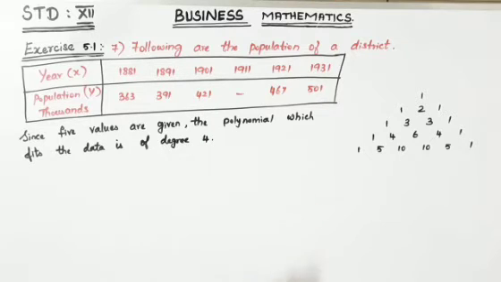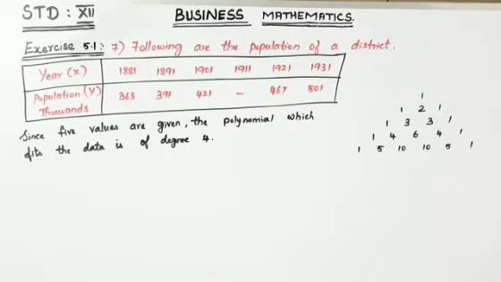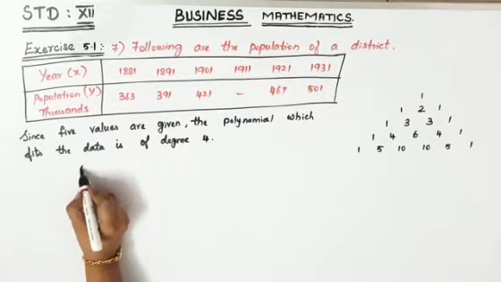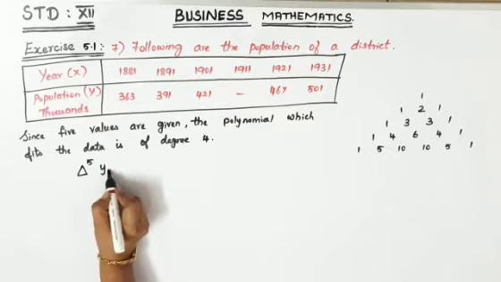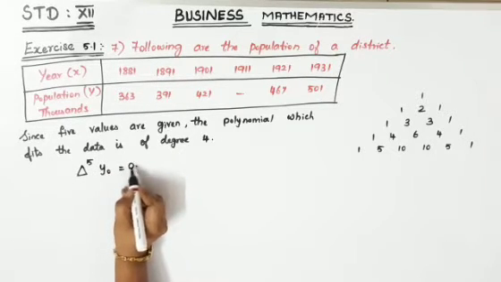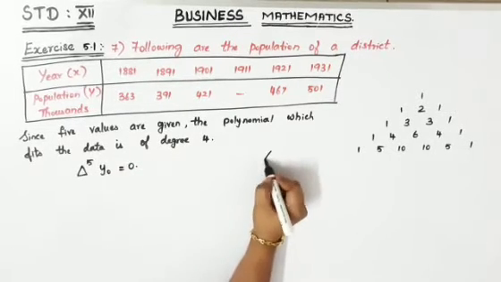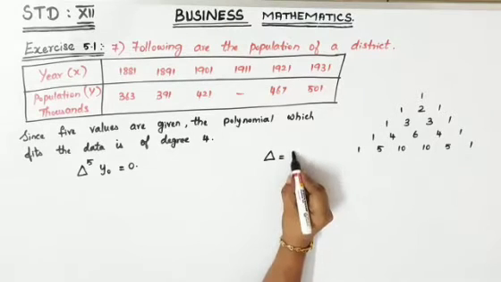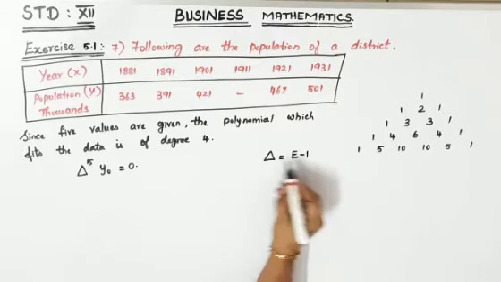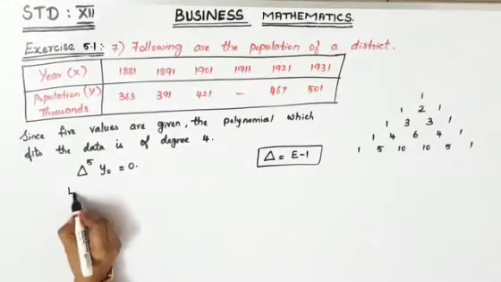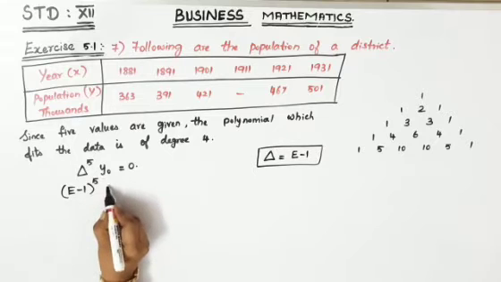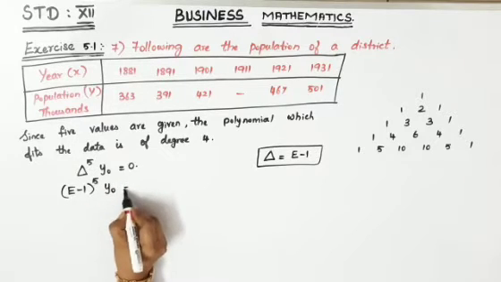That is n minus 1 formula. So 5 minus 1 you can write it as degree is 4. So delta power 5 y0 is equal to 0. So your delta formula you all know it is equal to e minus 1. So instead of delta we will have to replace e minus 1. Okay, so here e minus 1 the whole power 5 into y0 is equal to 0.